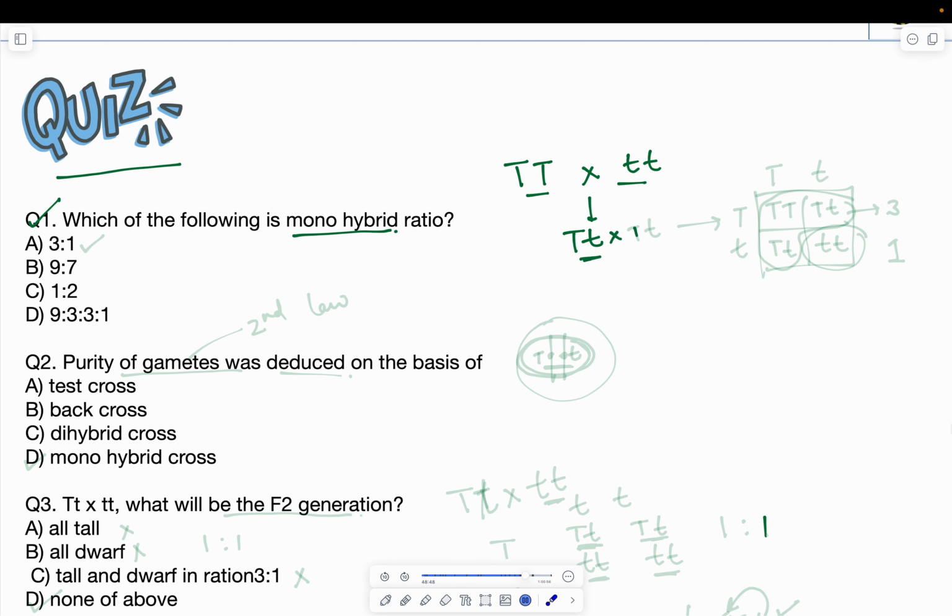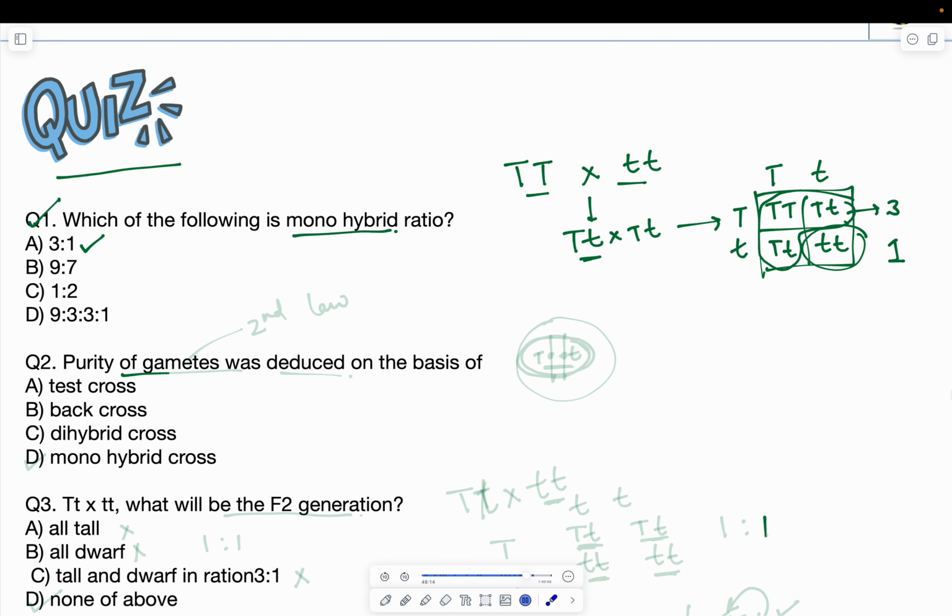And when selfing was done, there was the possibility of 4 kinds of individuals. So the phenotypic ratio was 3:1. These 3 individuals were tall and this one was dwarf. So the ratio is 3:1.